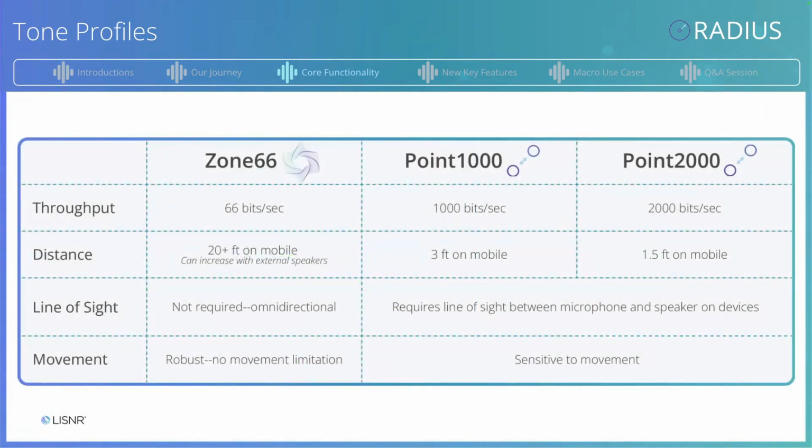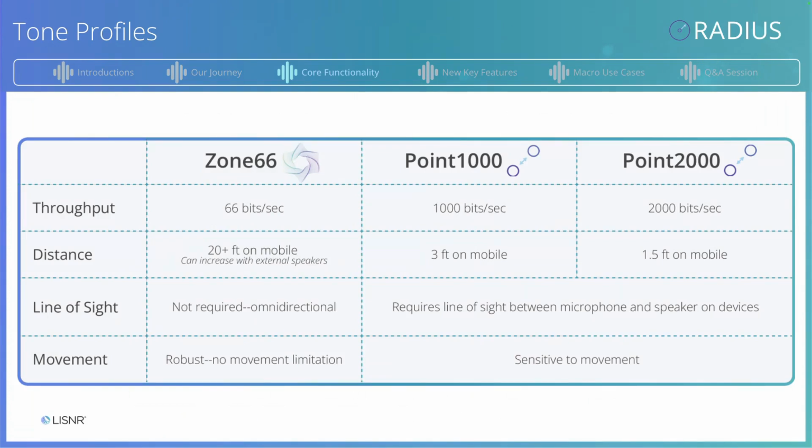Radius 3.0 has three tone profiles that were all designed to solve for data transmission at varying distances and varying transmission speeds, and are broken up into two separate tone families. That's Zone and Point. Now, there's a lot of digital signal processing detail that I can get into for our tone profiles, but we won't include that in our presentation today.